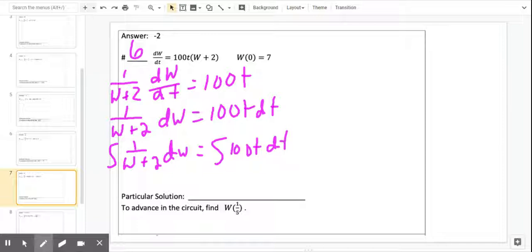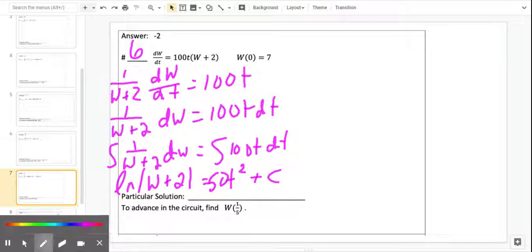All right, so 1 over w plus 2 is going to give us natural log of w plus 2 equals t squared, and then 100 divided by 2 is 50 plus c. Let's pause for a second.